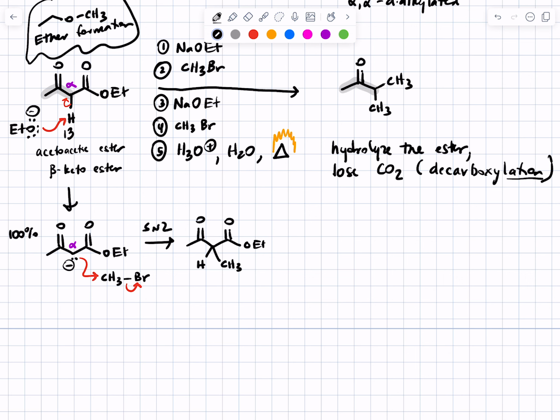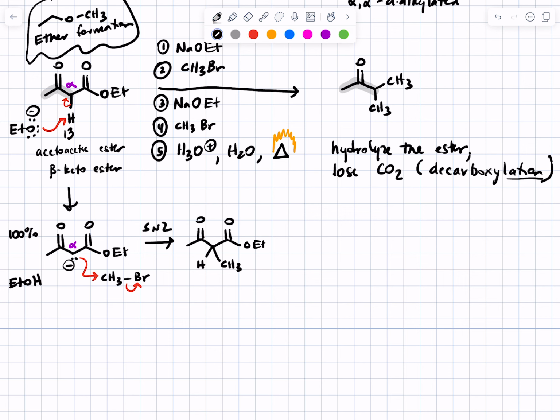Okay. So notice that with this method, by the time we get to introducing the alkyl halide, there's absolutely no sodium ethoxide present, because we have consumed 100% of it by deprotonating that alpha carbon. So there's no ethoxide present. We get really efficient alkylation.